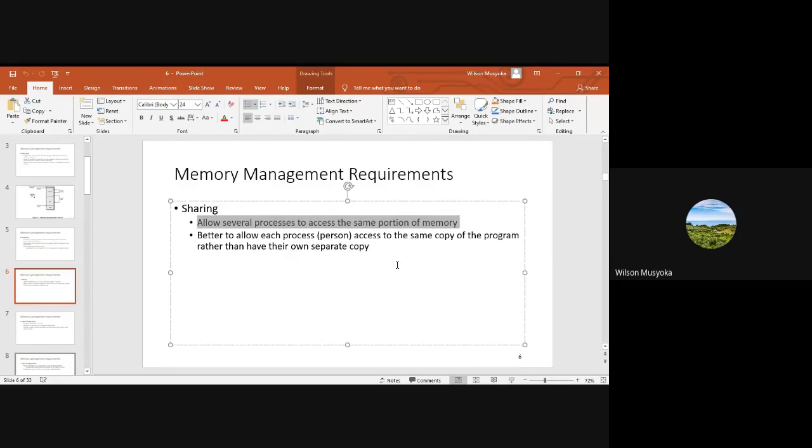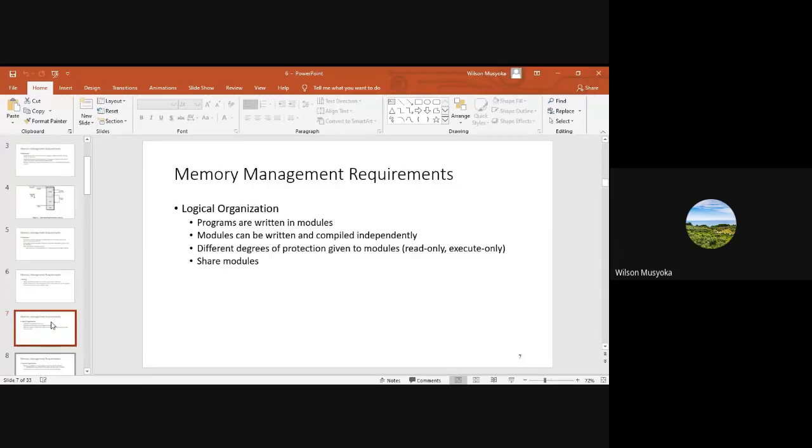If this memory location contains information that can be accessed by these two processes, then the operating system can allow sharing. This allows each process to access the same copy of the program rather than have their own separate copy of that program. That is what we mean by sharing.